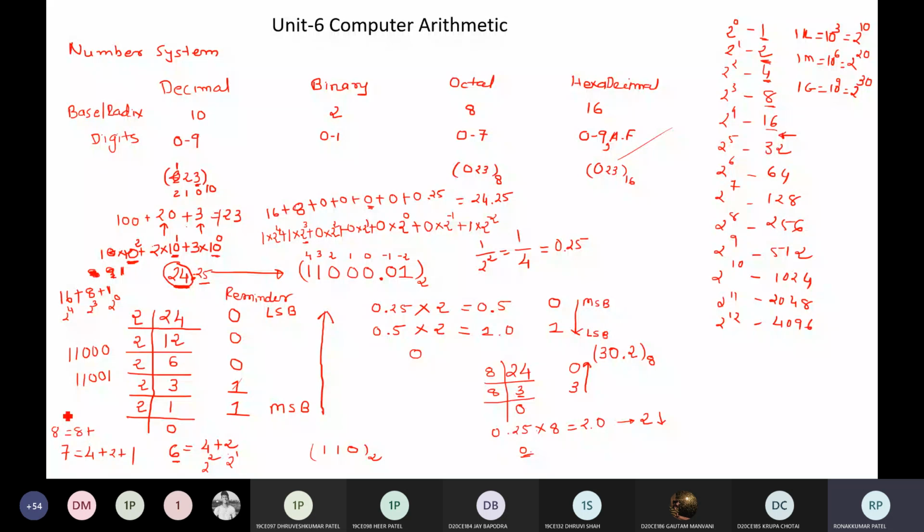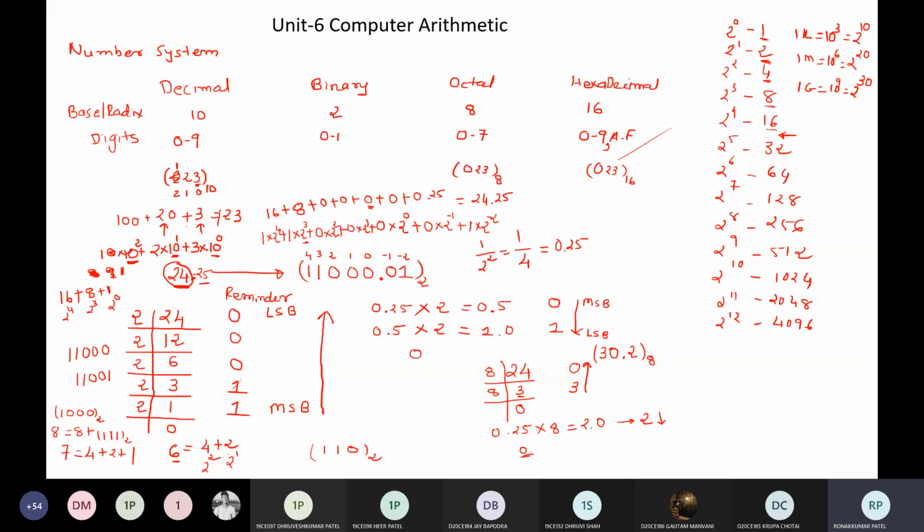So in this case 8 4 2 1, this is the binary representation of 7 and this is the binary representation of 8. This way you can directly write the binary representation.